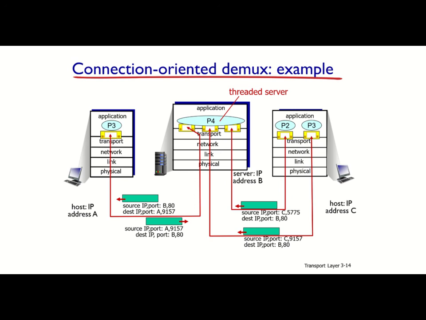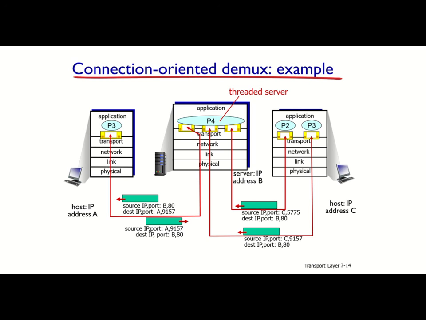In the client-server architecture of some applications, we may have one process in the server side that handles multiple sockets. In such architecture, the server process, which is P4 in this case, must have multi-threads.